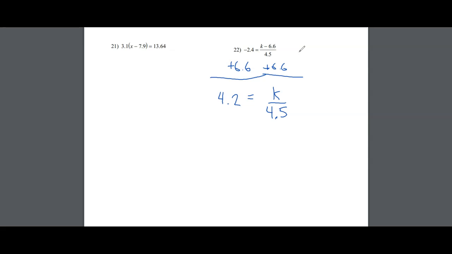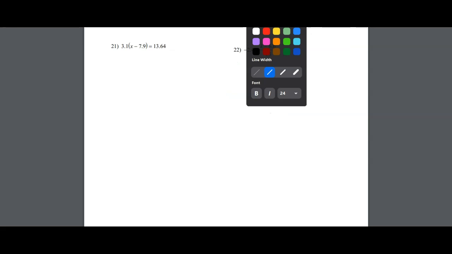Okay, so on the left-hand side, it's no problem, right? I'm just adding 6.6 to negative 2.4. The problem is, on the right-hand side, I can't just add the 6.6 to the negative 6.6 because one is a part of a fraction and one isn't. I think this is going to be more clear if I rewrite this in a different way.